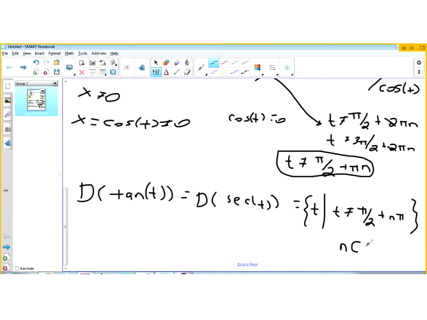Okay, and we'd write this to denote that n is an element of the set of integers. Capital Z means the set of integers.